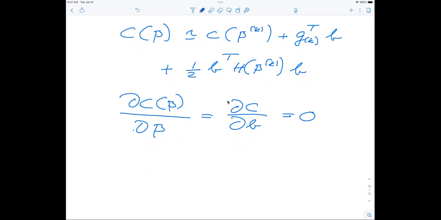When we now use the same rules which we had for calculating the derivatives, you will see that this is simply going to lead to the following expression. You're going to get beta equal to beta of iteration k minus this matrix H inverse.